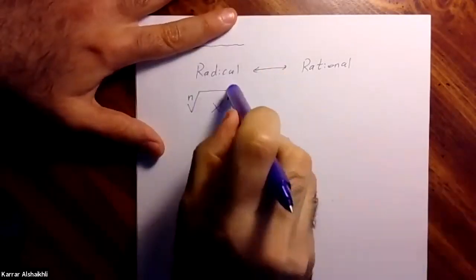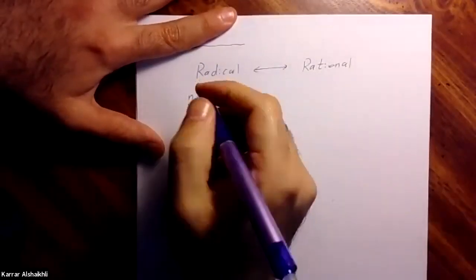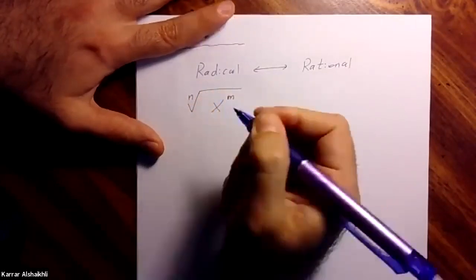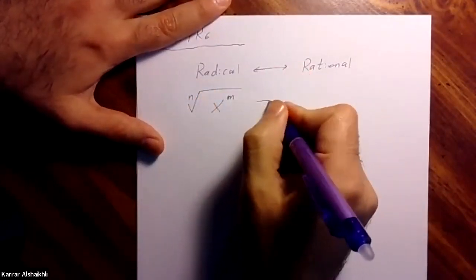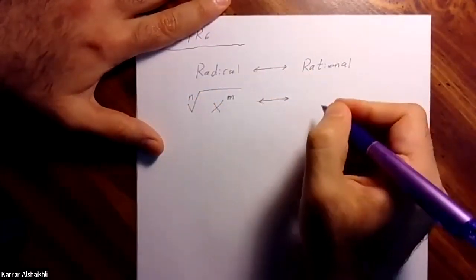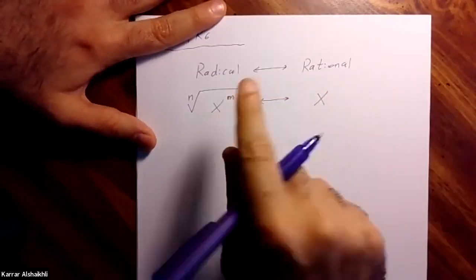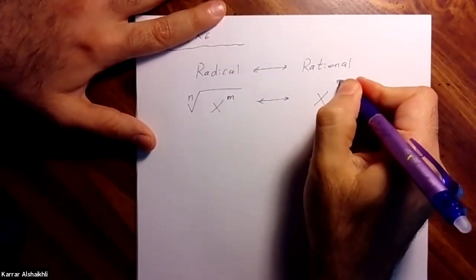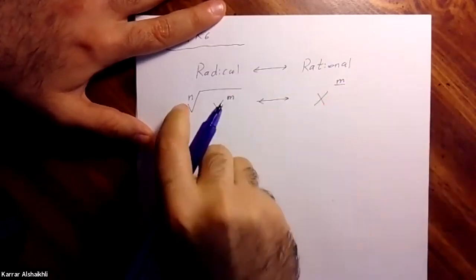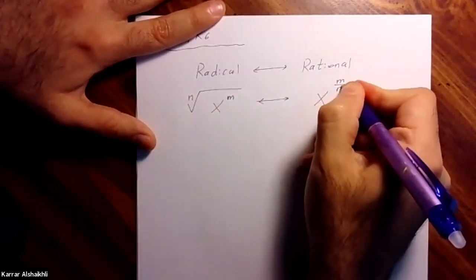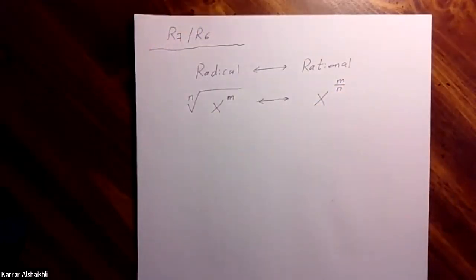How are we going to convert this one to the rational? We're going to write down the number, and it is always going to be m over n. Always n, m over n.